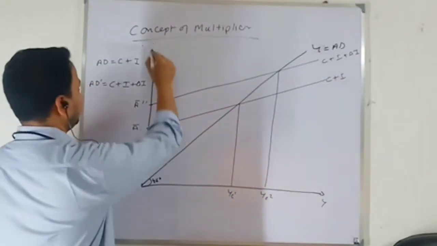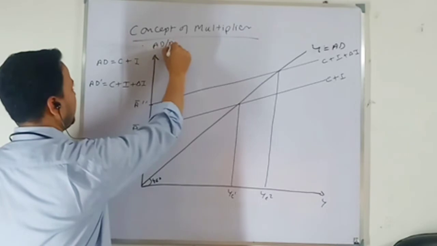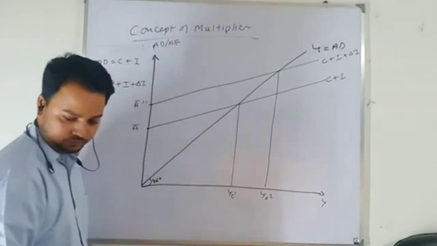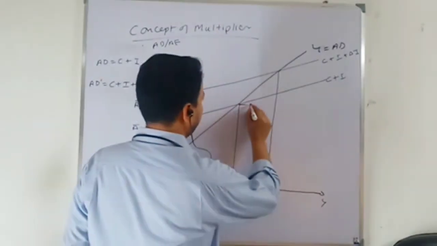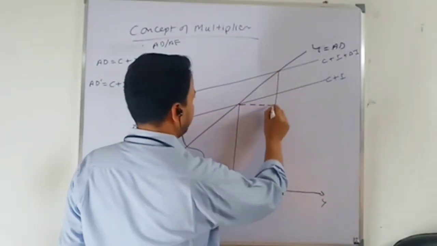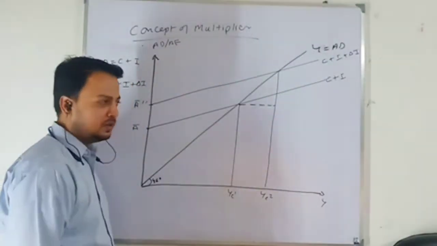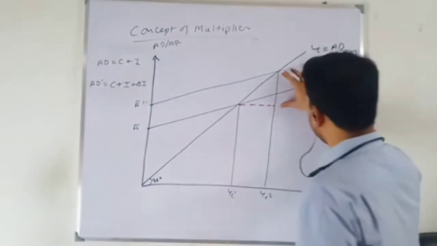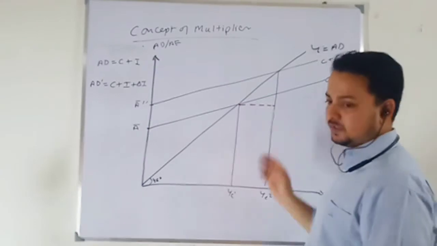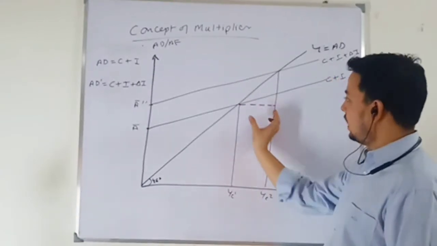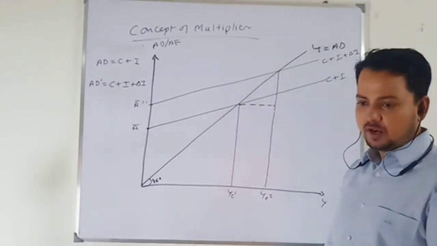Here you have aggregate demand or expenditure, whatever you want to write. Now look at this triangle. This triangle has two equal sides, this and this. This is called an isosceles triangle. When two sides are equal, it is called an isosceles triangle.